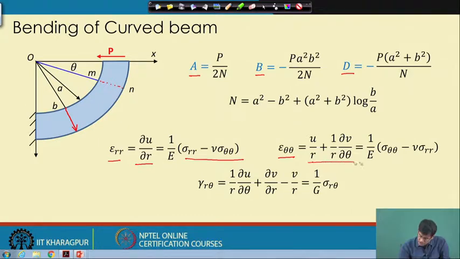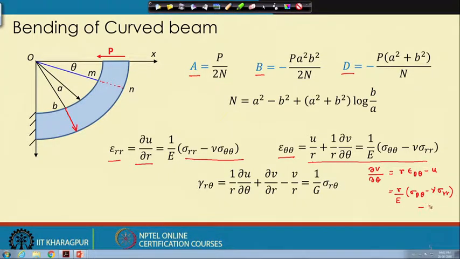For epsilon theta theta, it is better to write it in this form: del v by del theta equals r epsilon theta theta minus u, and epsilon theta theta I can write as 1 by E into sigma theta theta minus nu sigma r, so del v by del theta is r by E into that, minus u.